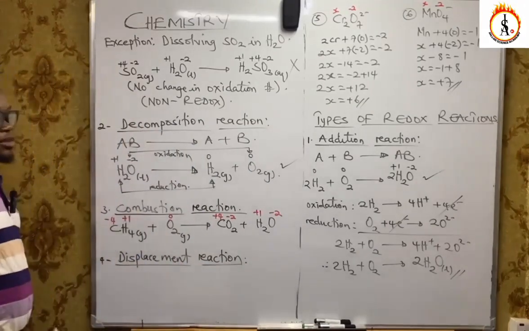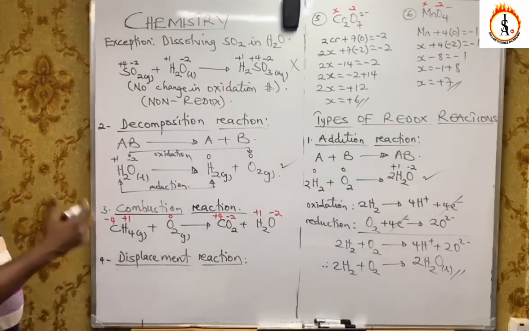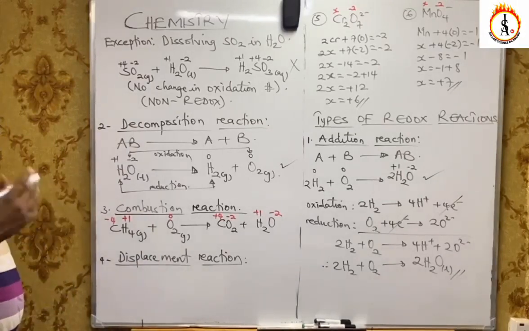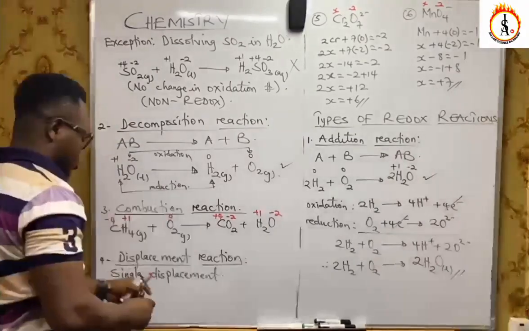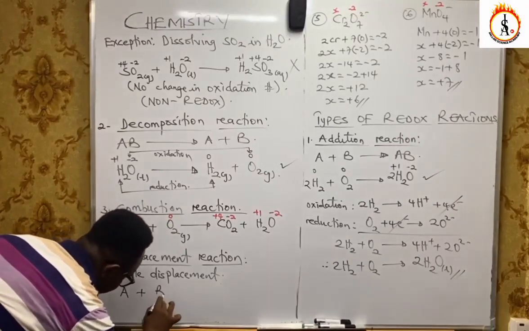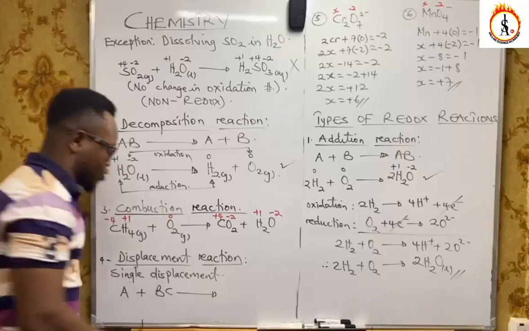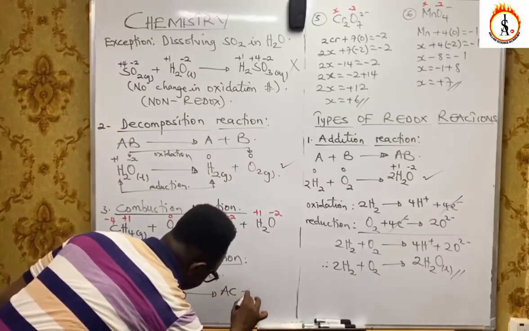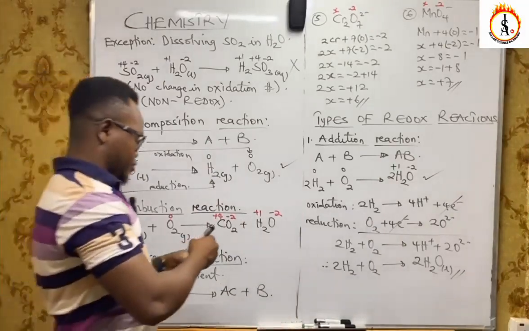In a displacement reaction, of course, we have single displacement and double displacement. The single displacement is a redox, and most double displacement are not redox. For single displacement, let's say we have A reacting with BC. So what happened? A is going to displace B and react with C to form AC. So you have AC that is formed, and then B is set loose, set free.